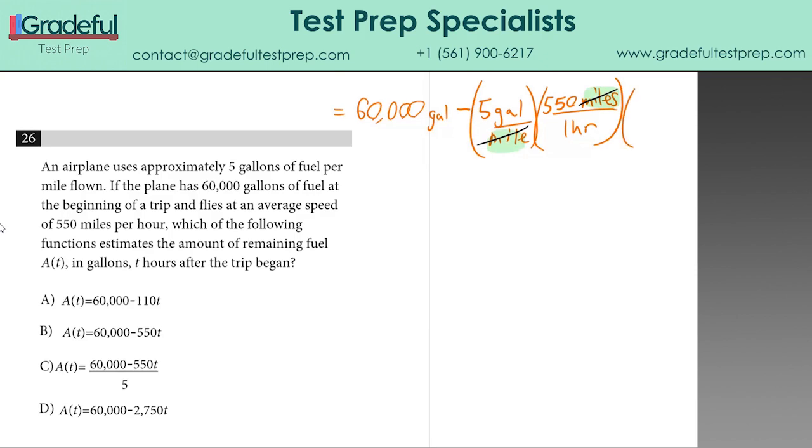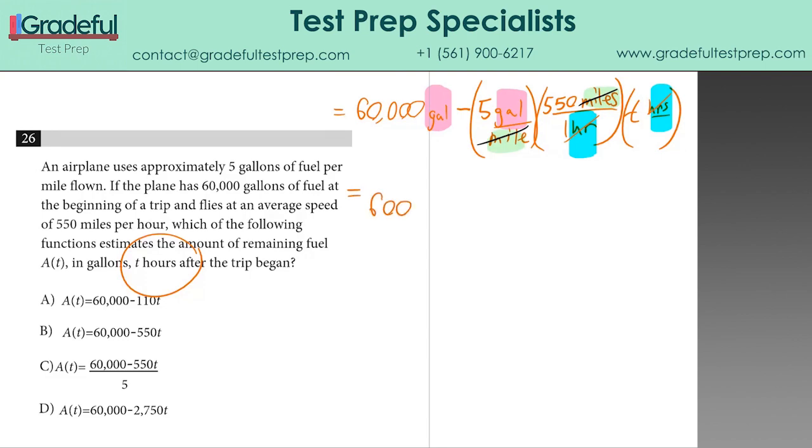Now if we go to the third one, the only thing we have in this problem that we haven't used yet is the idea that there are T hours. And that's perfect because that's going to give us hours on the top, which we can cancel against the hours on the bottom. And so if those two things cancel out, it leaves us with only the gallons. And that matches the gallons we had before. So now we can go ahead and subtract them.